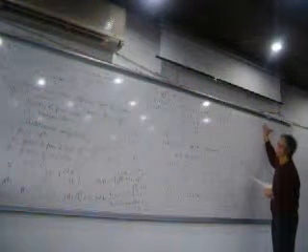X of t is equal to the homogeneous solution, which is what? C1 times 1, minus 1, e to the minus 2t, plus C2 times 1, 1, e to the minus t. Then plus the particular solution. This is the homogeneous solution, right? And the particular one is what then?